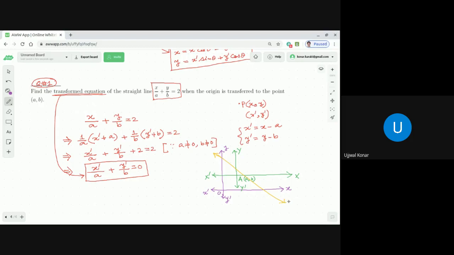So the equation of the straight line with respect to the previous coordinate axis was x by a plus y by b is equal to 2. Now with respect to the new coordinate axis, which is in the green color, its equation becomes x dash by a plus y dash by b is equal to 0. Correct, dear students? I hope it is absolutely clear.